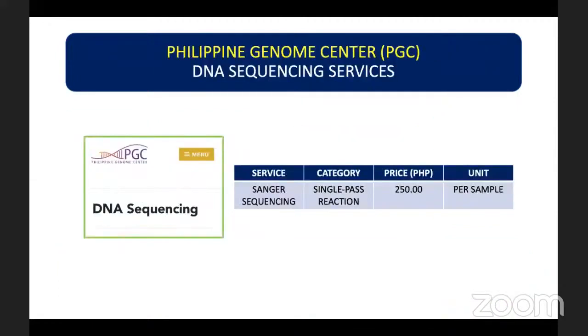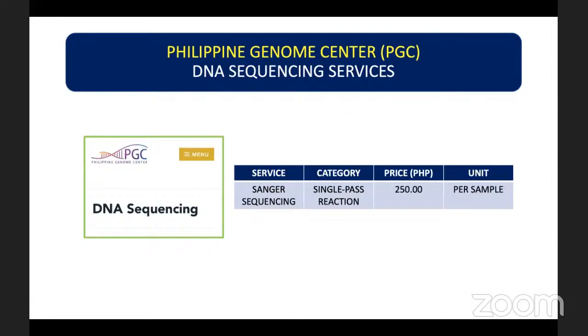Okay, in the Philippine Genome Center, you can see this on their website, the cheapest pricing on DNA sequencing using Sanger sequencing costs only 250 pesos per sample.